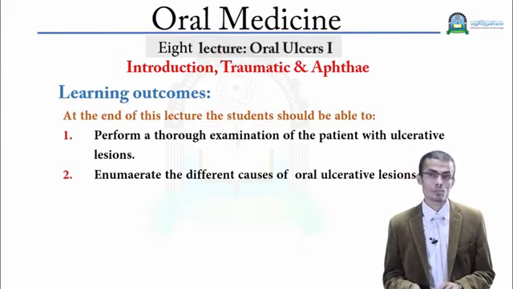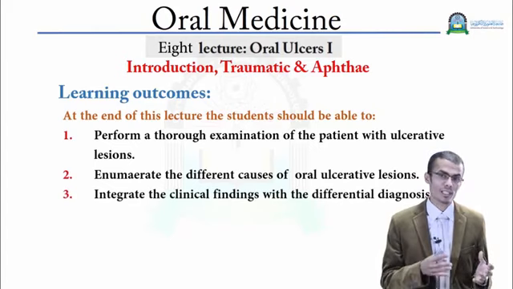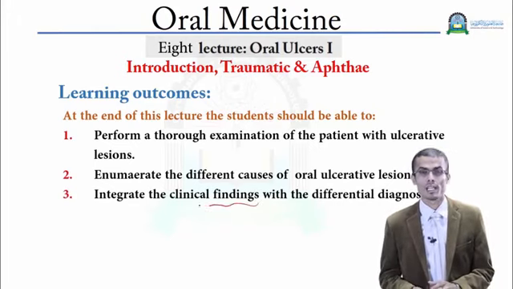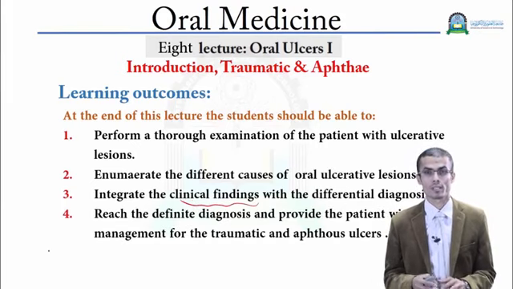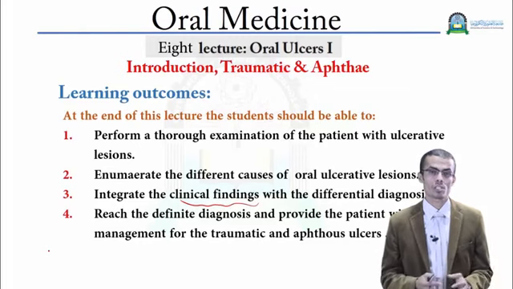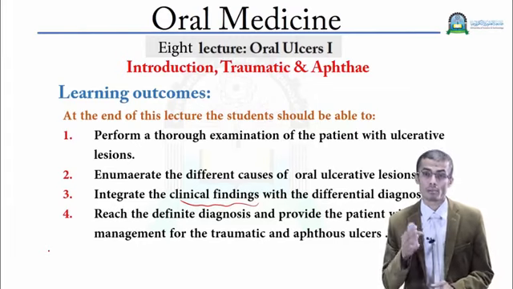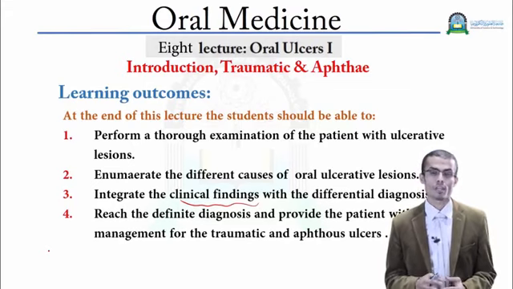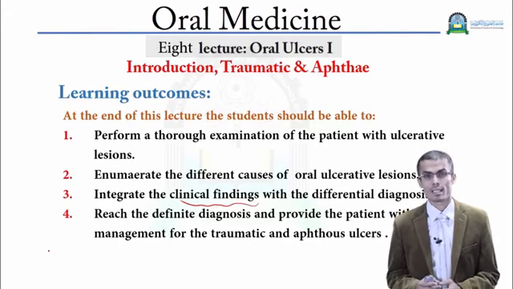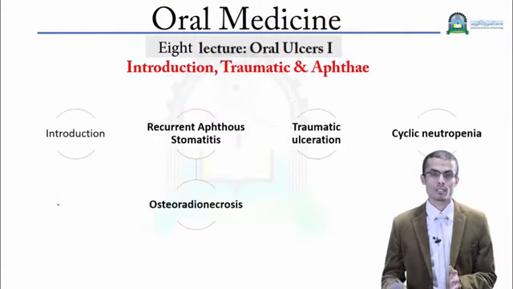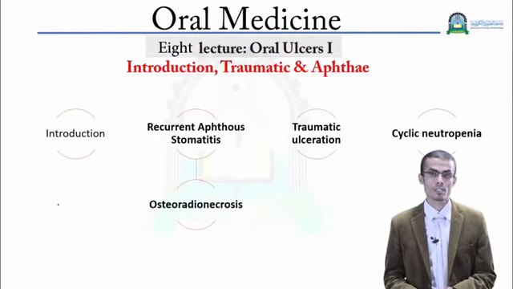The students should also be able to integrate the clinical findings with the differential diagnosis of oral ulcerative lesions, which we'll talk about in this lecture. And also the students should be able to reach the definite diagnosis and provide the patients with the best management procedure for the traumatic and aphthous ulcers. Those traumatic and aphthous ulcers we'll talk about in the first part of ulcerative lesions, in the 8th lecture.